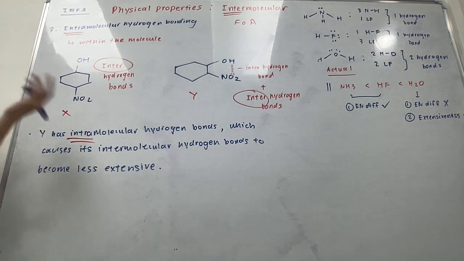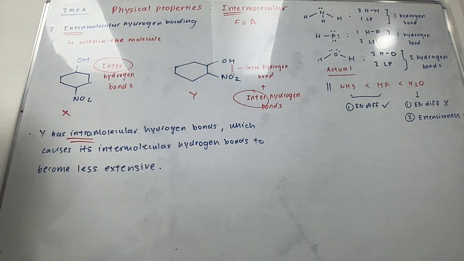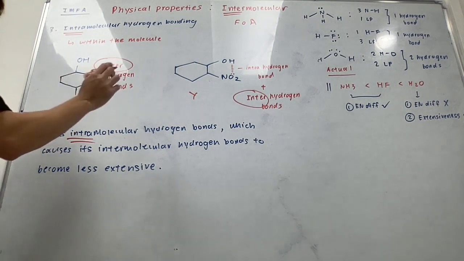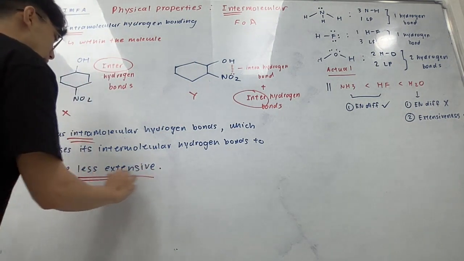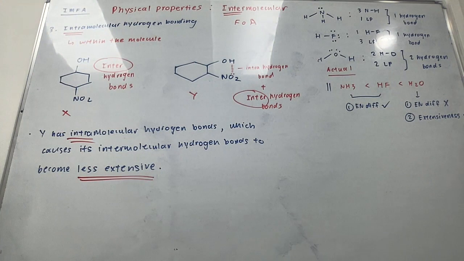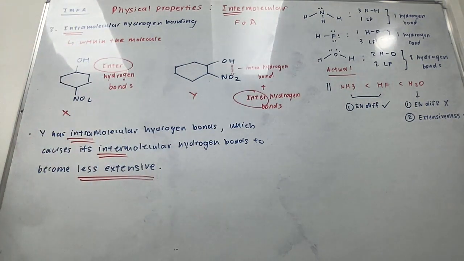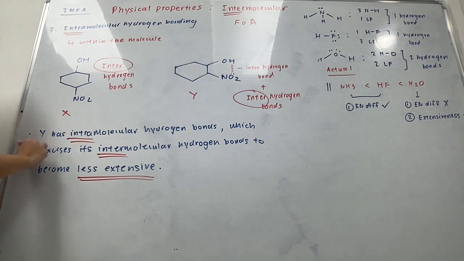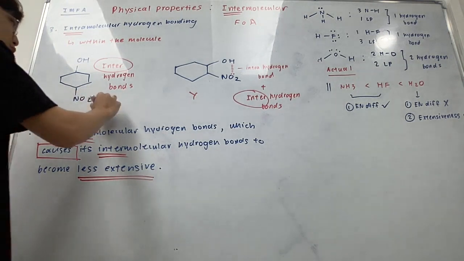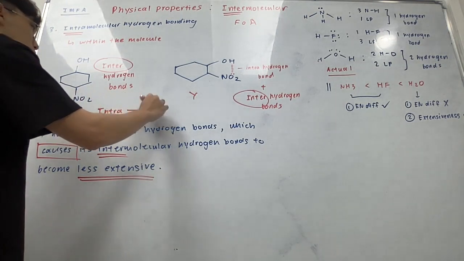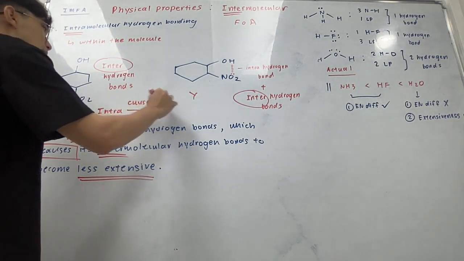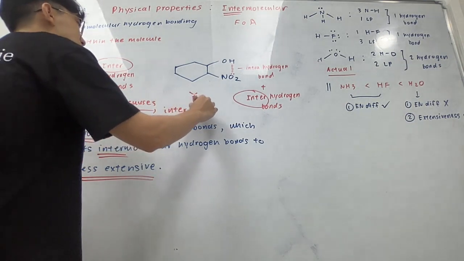Now you will think that additional means it will be stronger, right? But actually no. If you have intramolecular hydrogen bonds, it will actually undermine the intermolecular hydrogen bonds. So look at the keywords. The main keyword here is the word cause. The intra causes the inter to be less extensive.